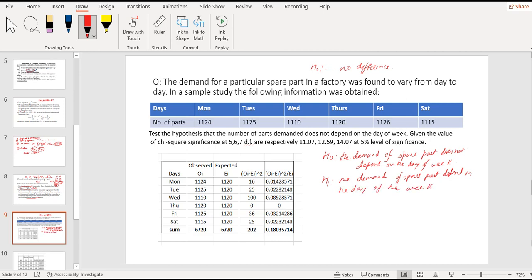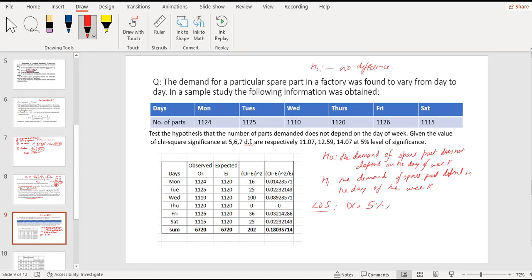Right? Okay, so now the next step is we need to consider the level of significance. If you can see here, the value of chi-square is given at 5, 6 and 7 degrees of freedom and 5% level of significance. So the level of significance alpha is already given here as 5%.